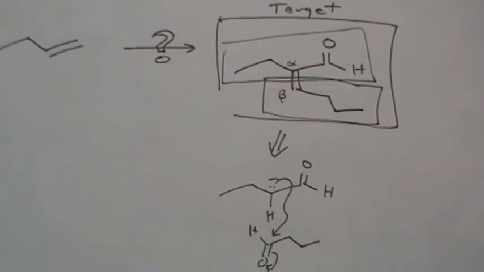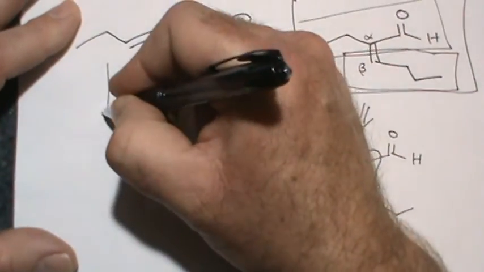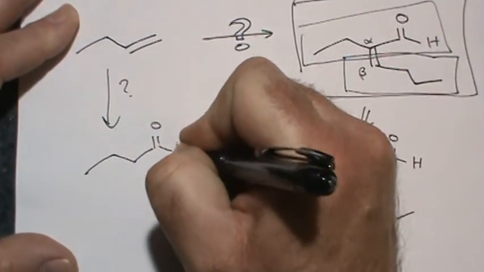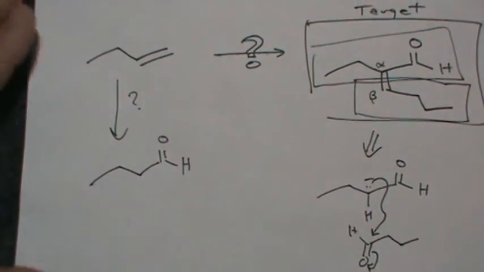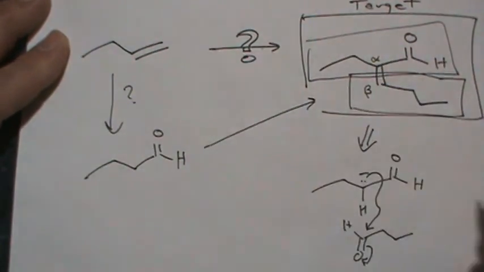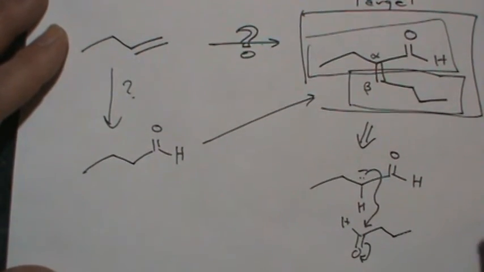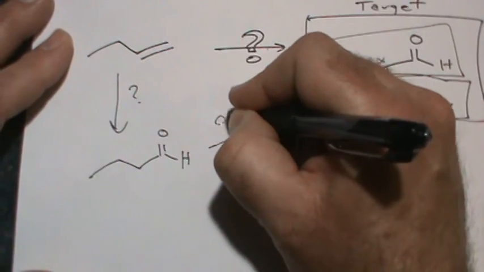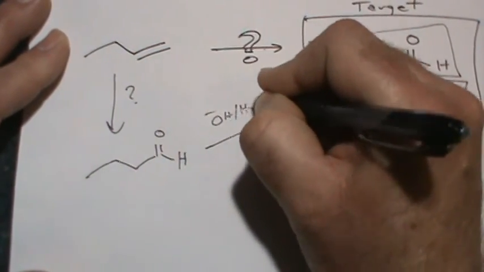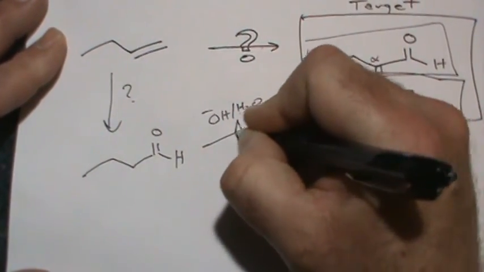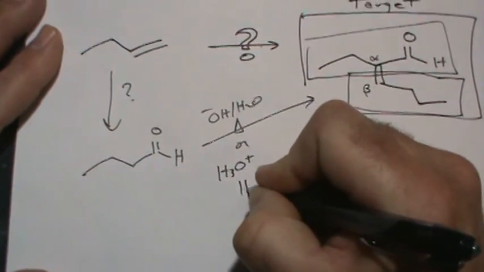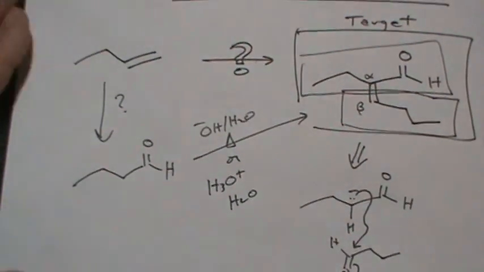So really, all we need to do is figure out how to convert this into that aldehyde, and from there, we can go to the alpha-beta unsaturated condensation product. We could do it in two ways. We could either use OH minus, H2O and some heat, or H3O plus, H2O.